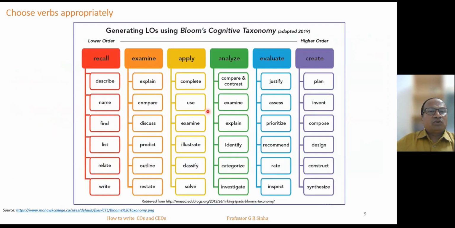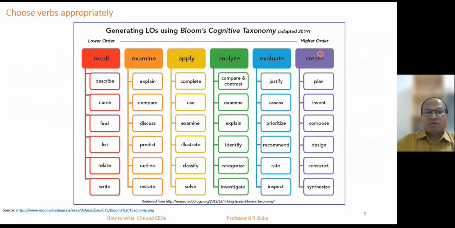Related to the core program outcomes and objectives, we have talked about the role of Bloom's taxonomy for choosing the action verbs, the powerful verbs. In a similar manner, when we write course objectives and outcomes, we have to be very careful in choosing the verbs. We have already seen in our previous lecture that recall has the lowest order of cognitive ability and create has the highest order.